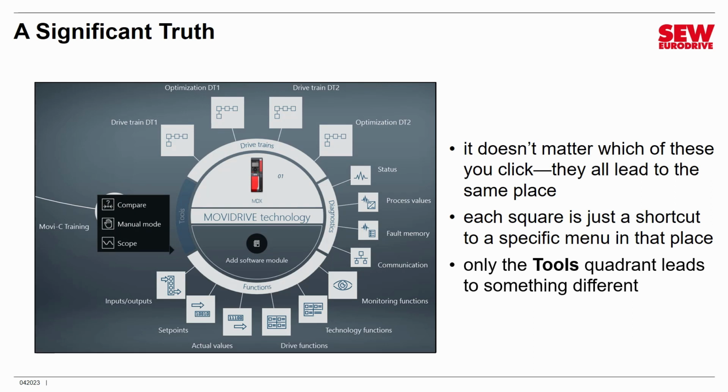There may be more things on the list, but in just basic out-of-the-box mode, you'll see these three: compare, manual mode, and scope. Manual mode is something we'll be using right away. It's extremely helpful because it lets you test that your motor just turns. That is very helpful because that at least confirms your wiring is correct. So these are some tools that you can pop up and use.